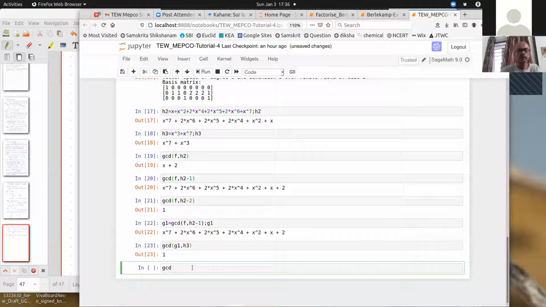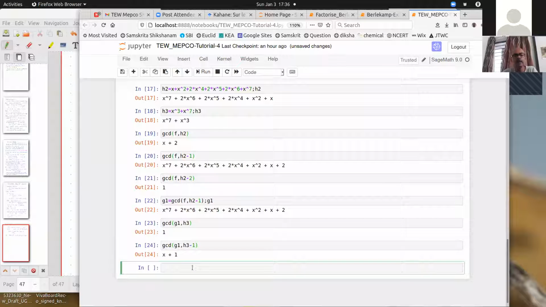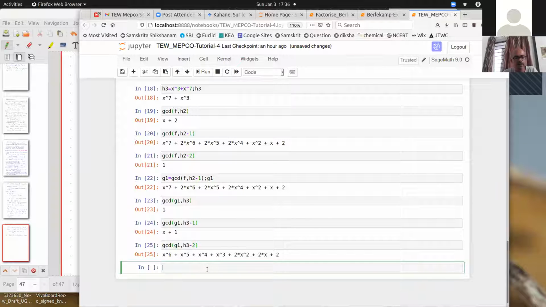So GCD of G1 comma H3 minus 1 gives another factor which is certainly irreducible. It is x plus 1, a linear factor. So GCD of G1 comma H3 minus 2, sorry, I didn't write this polynomial at all. Yes, that gives another factor.